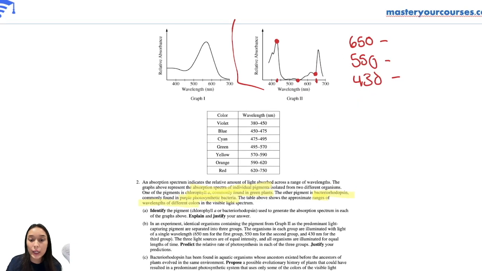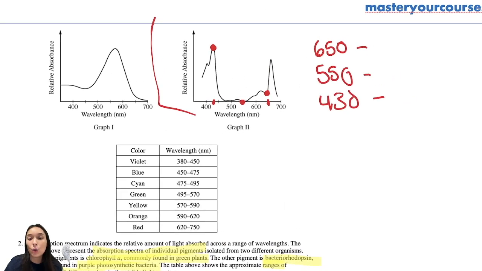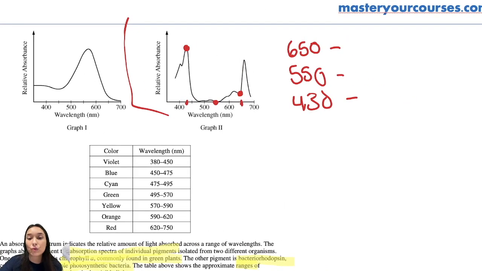Therefore, we can assume that the one that absorbs the most light will have the highest rate of photosynthesis. So which one has the highest absorption? That one's going to be at the wavelength of 430 nanometers. At 430 nanometers, chlorophyll A is going to have a really high level of photosynthesis because it has a really high absorbance.